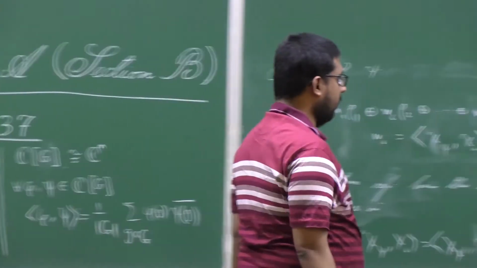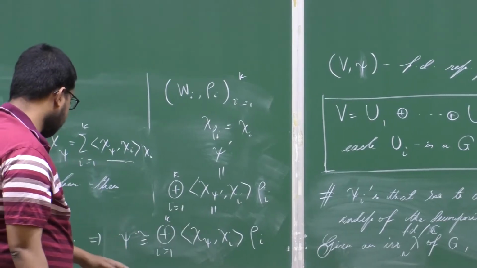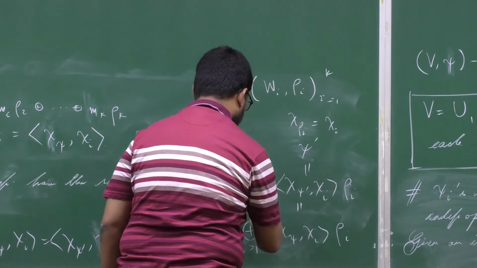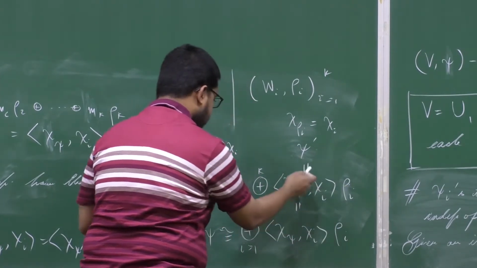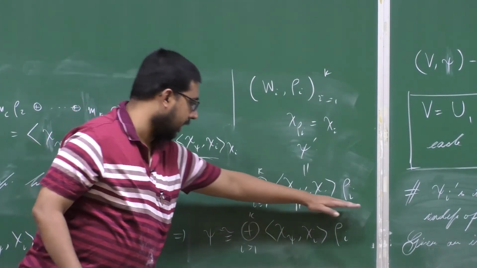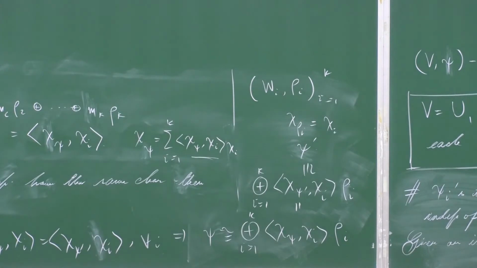So therefore it is quite clear that psi is isomorphic to this, and it has to be the same as this, because these coefficients are the same, and that's exactly the isomorphism type of psi prime.